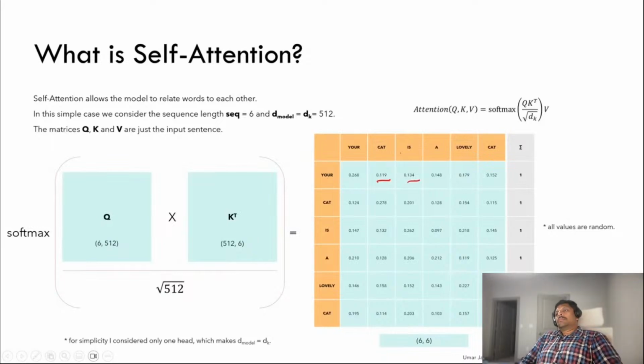And this value represents somehow a score of how intense is the relationship between one word and another. Let's go ahead with the formula. So for now, we just multiplied Q by K divided by the square root of dk, applied the softmax, but we didn't multiply by V.